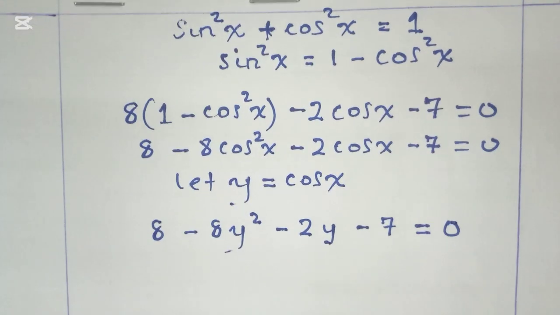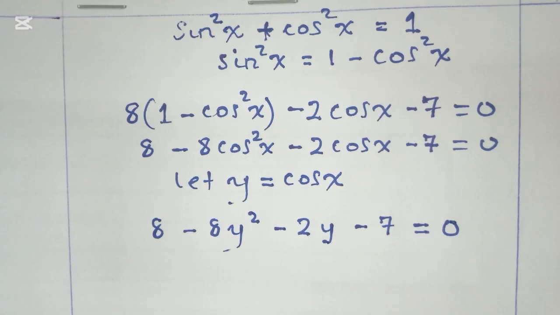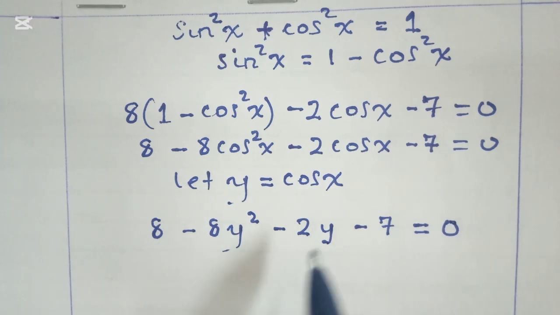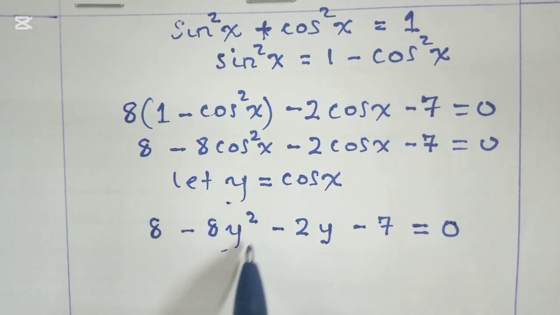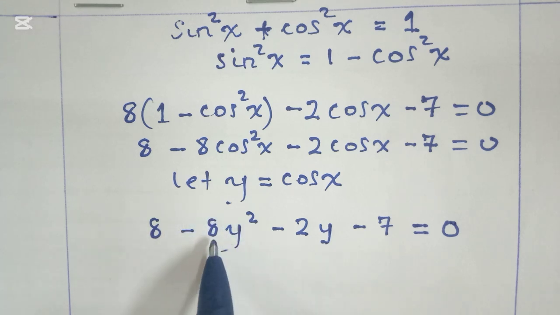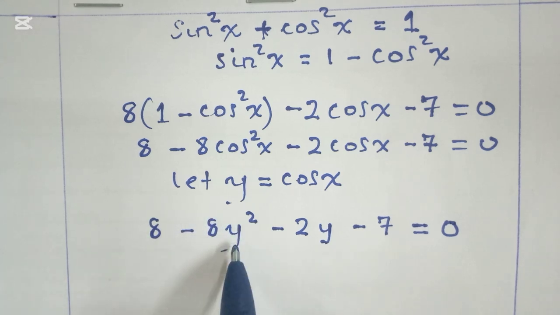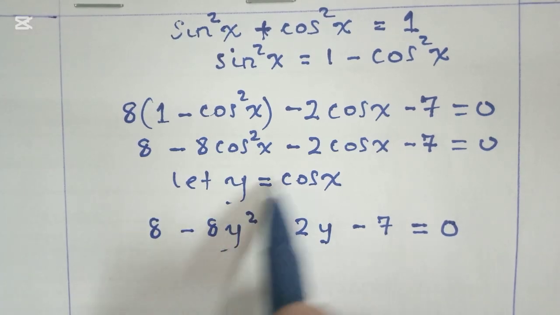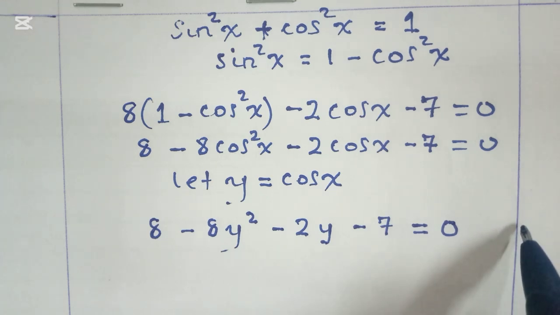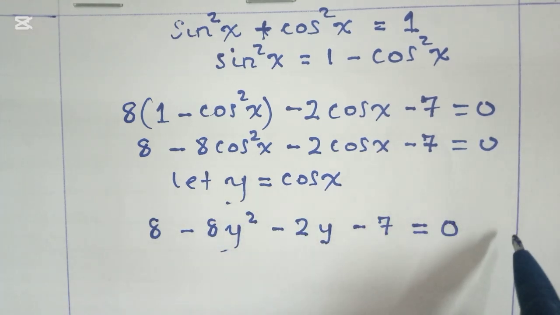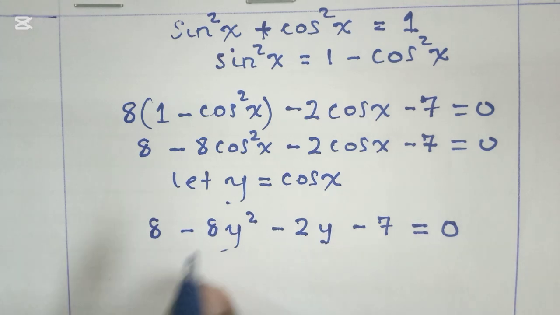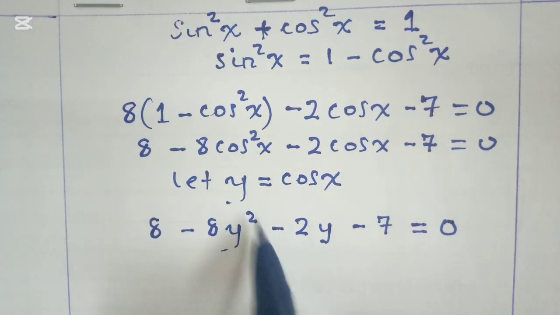From there, we can form a quadratic equation. We want this in terms of positive 8y squared, so we bring everything to the other side. We don't have to go to the other side literally; we can stay on this side while we have already gone to that side.